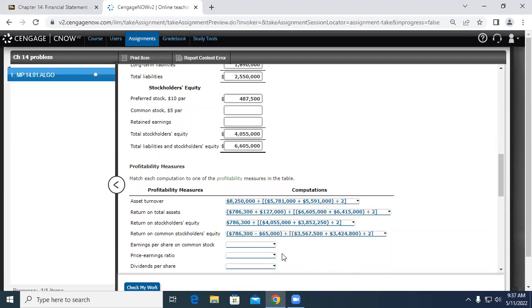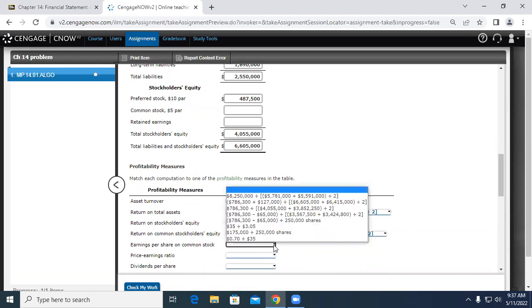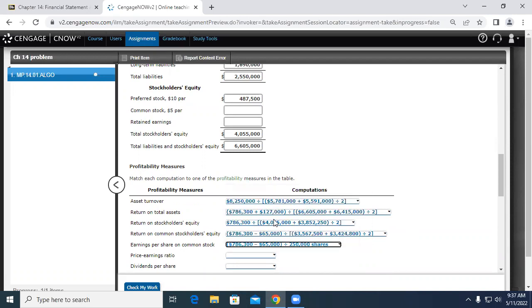Next, we have our earnings per share on our common stock. The numerator is the net income minus the preferred dividend, and the denominator is the number of outstanding common shares. So we now know that there are 250,000 common shares, and they each have a par value of $5. So 250,000 shares at $5 would be $1,250,000 that must be in that account.